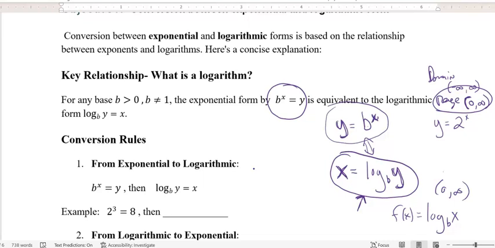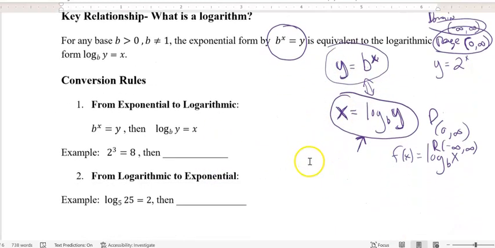And we'll look at some examples of why this is true. This is the domain because it's the inverse function of the exponential, which means the range has to be equal to the domain of the exponential. So the range of the log function is negative infinity to infinity. We'll revisit that later. Let's look at some examples of how to apply this.